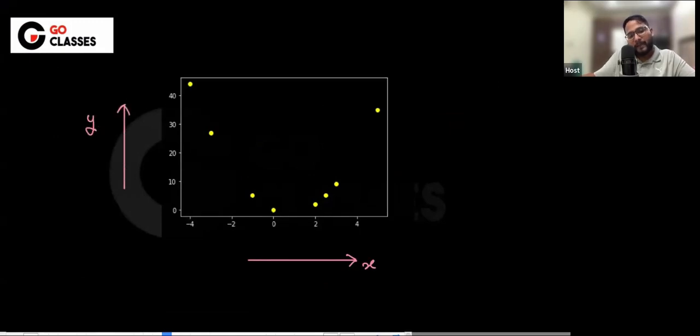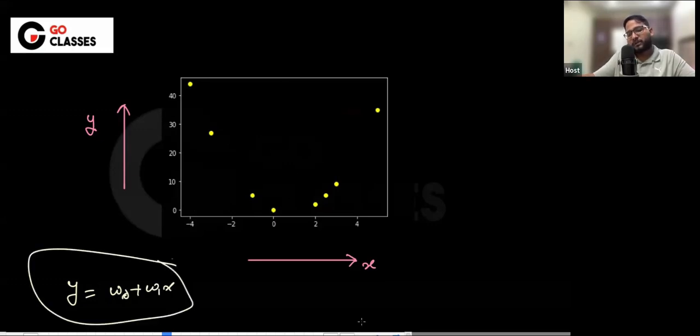Can you tell me, if you use y equal to mx plus c, or in machine learning terms, w naught plus w1x, suppose you use this kind of relationship to model this particular data, do you think it's a good idea?